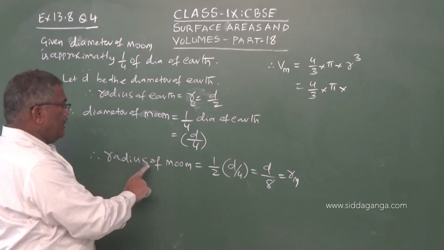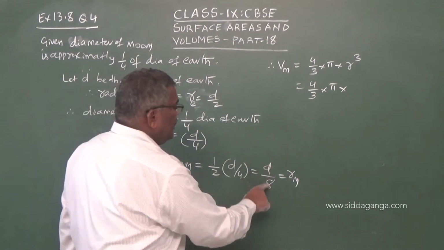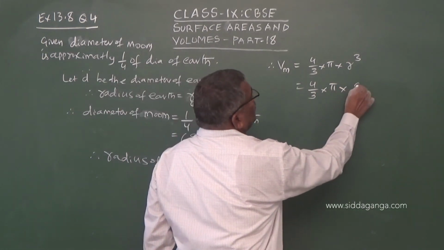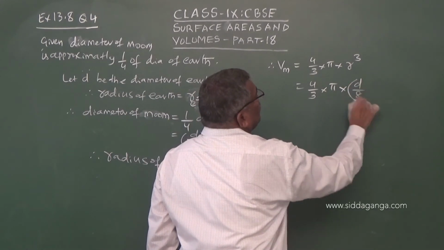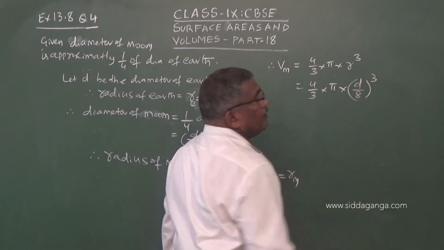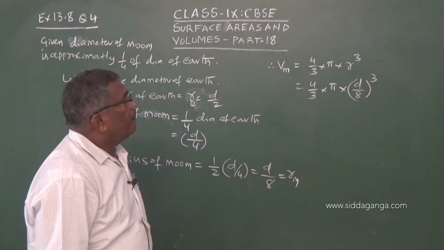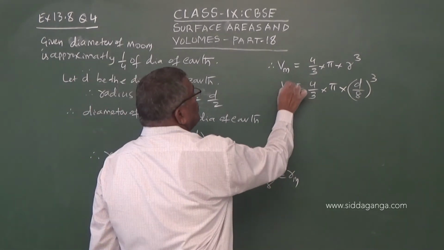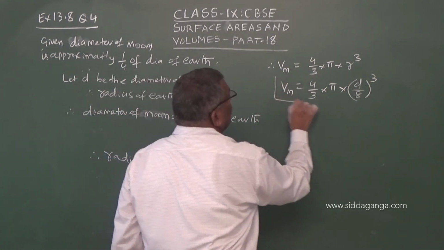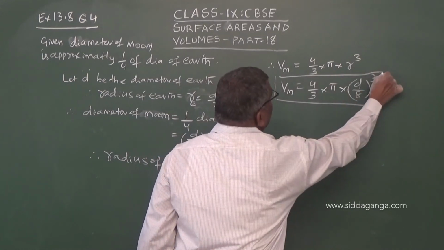You can see here it is D by 8, whole cube. So this is volume of moon. We call this equation 1.